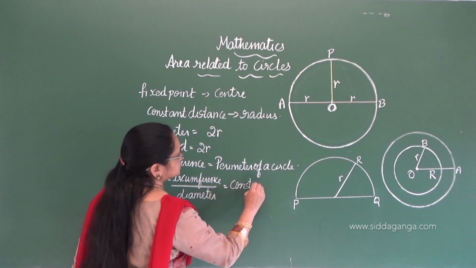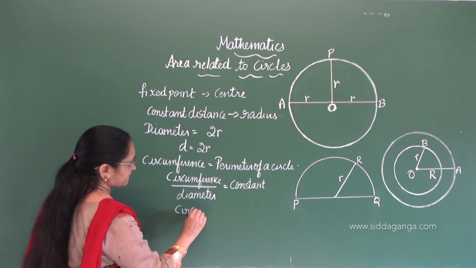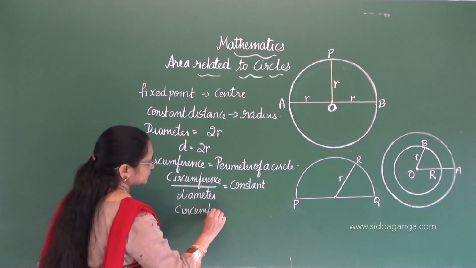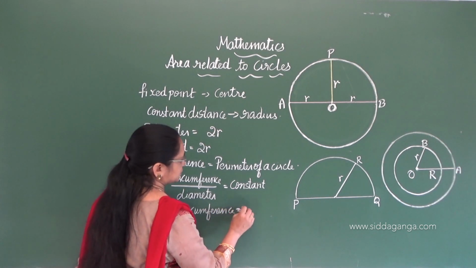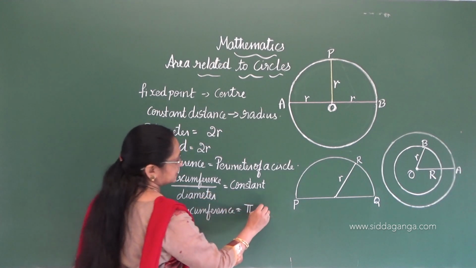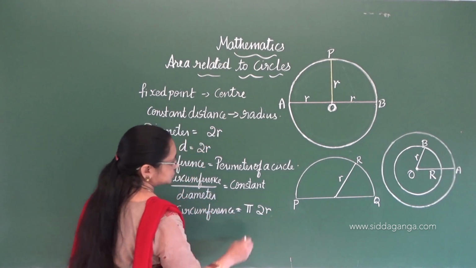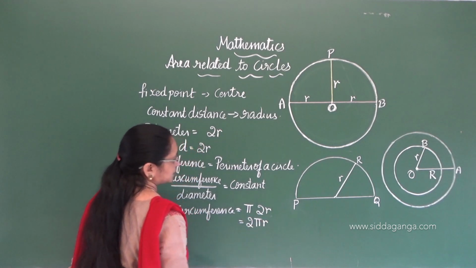So circumference is equal to this constant, which we'll take as pi, into diameter. Diameter you all know is 2r. So when we rearrange it, it will be 2 pi r.